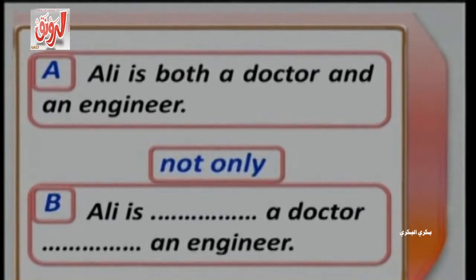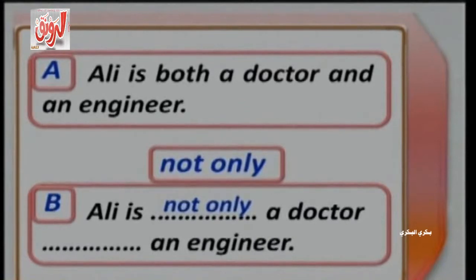In sentence A, Ali is both a doctor and an engineer. We want you this time to use not only and give the same meaning. How do we make that?